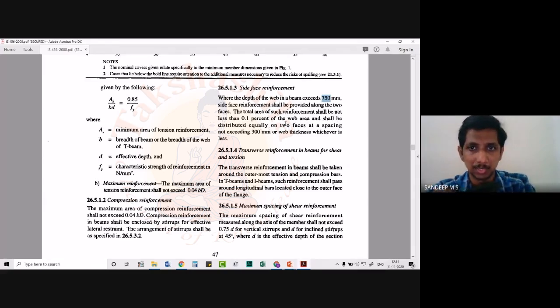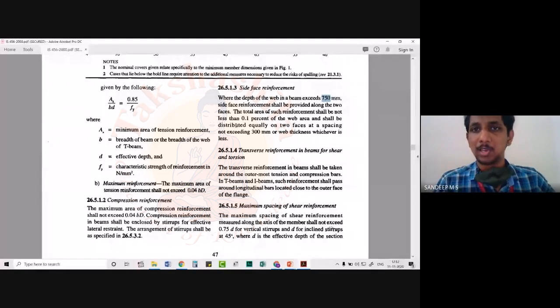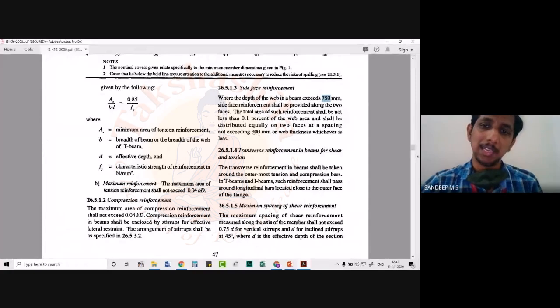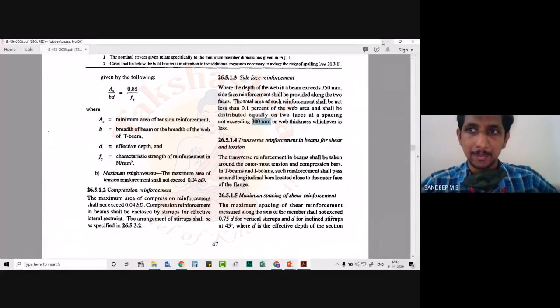That much area should be additionally provided by taking some diameter bar. It can be 8 mm, 10 mm or something else, and please ensure that you are getting a cross-sectional area of that much, and these bars should be equally distributed on the surface. So when you see from the side, you have to equally distribute this reinforcement on the surface. And one more thing is that the spacing should not exceed 300 millimeter or the web thickness, that is B, width of the beam, or 300 millimeter, whichever is less.